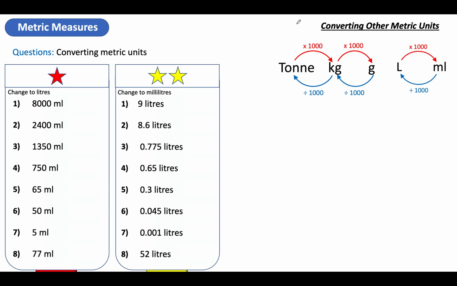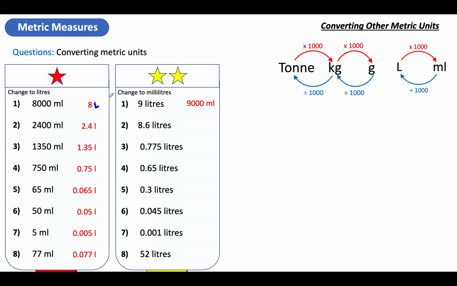I've unpaused. I hope you've unpaused. We've all unpaused. Right, here's the answers. So, first of all, 8 litres. That is an L for litres. Then 2.4 litres, 1.35 litres, 0.75 litres, 0.065 litres, 0.05 litres, 0.005 litres, 0.077 litres.